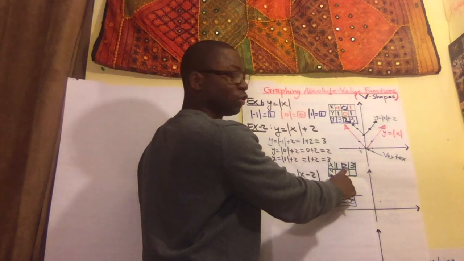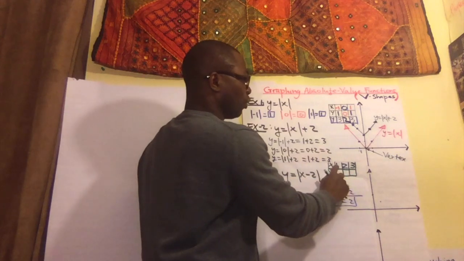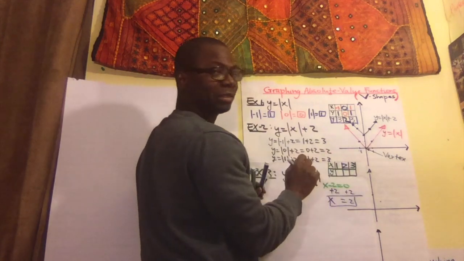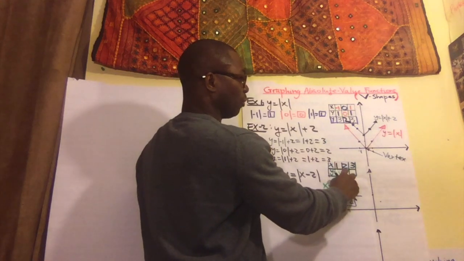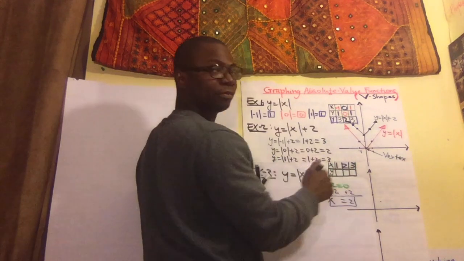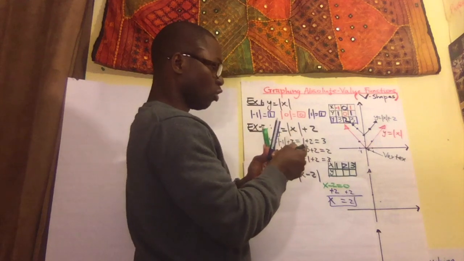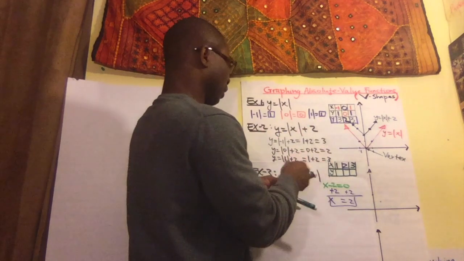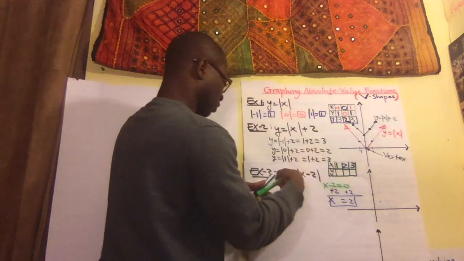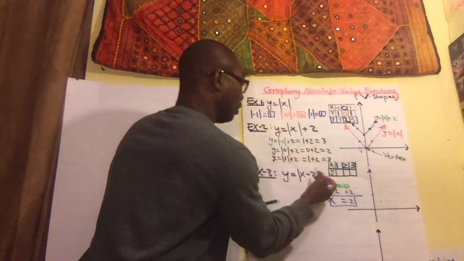As soon as you do that, you pick two numbers, one on the left, one on the right of that value. The number on the left is 1. The number on the right of 2 is 3. So you have to make sure your numbers are consecutive. All right, so let's plug in x equal to 1 in our equation.